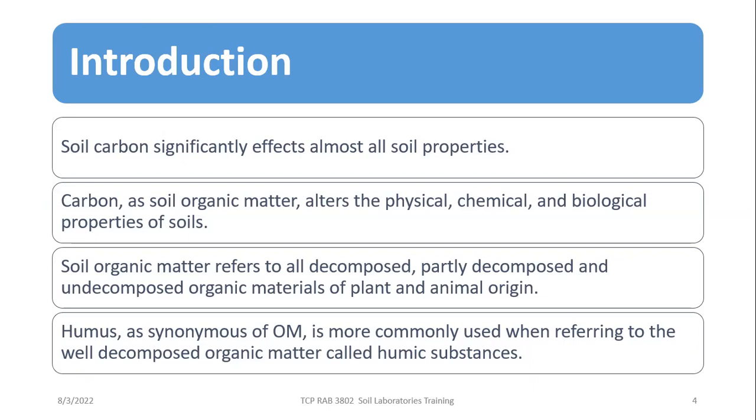When we talk about humus, we normally mean well decomposed material, and here the structure tends to be more soluble rather than soil organic matter, in which we expect to find some solid part.